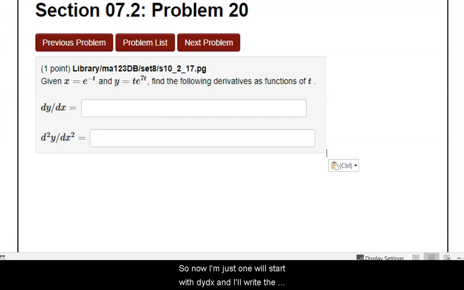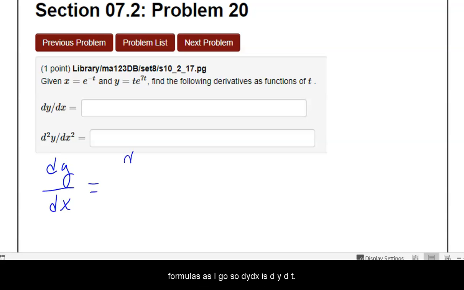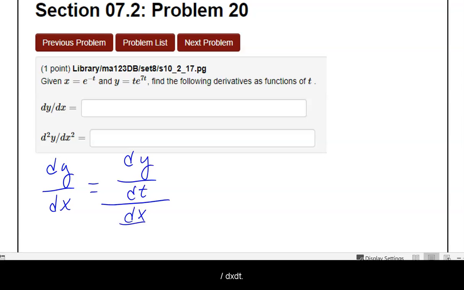So now on this one, we'll start with dy/dx, and I'll write the formulas as I go. So dy/dx is dy/dt divided by dx/dt. y is t times e to the 7t, so it's a product of two factors which both have t as a part of it, and that's product rule.